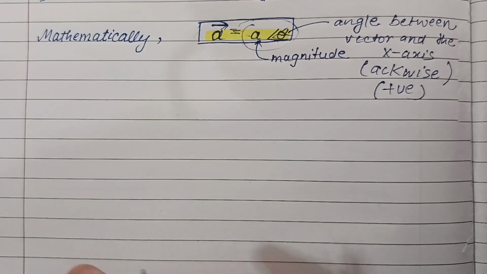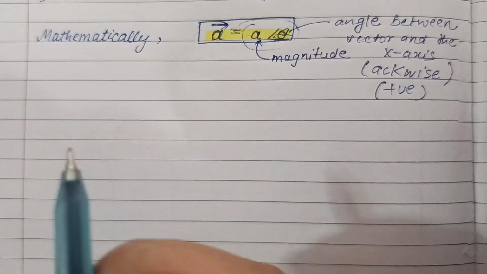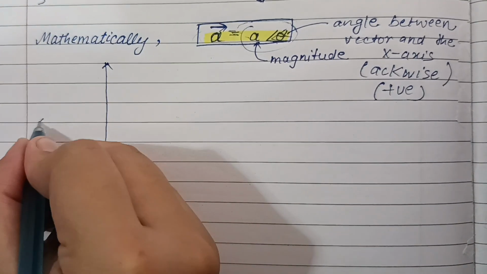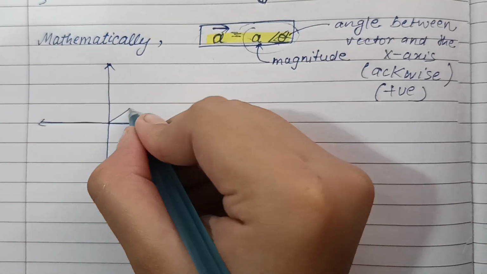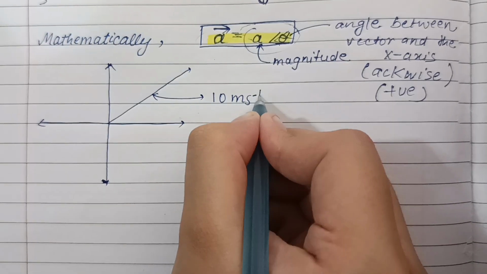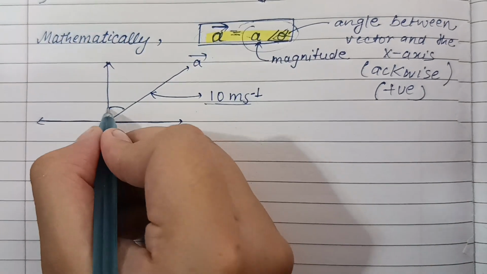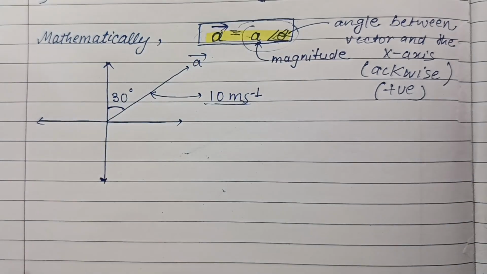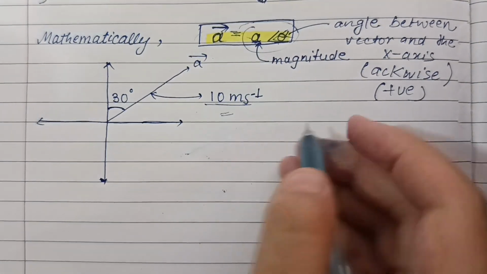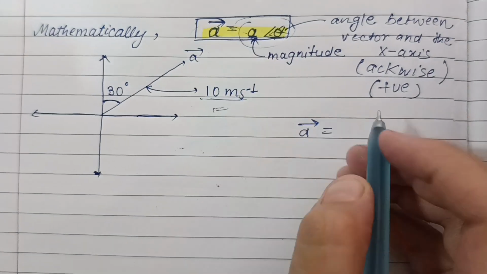So now let's take an example. As in the above illustration, we discussed a vector whose magnitude was 10 meters per second, a vector A, let's say, and theta here, the angle was 30 degrees. So this is the magnitude, and we know the magnitude. Let us solve it. Now we know that A is 10 meters per second.